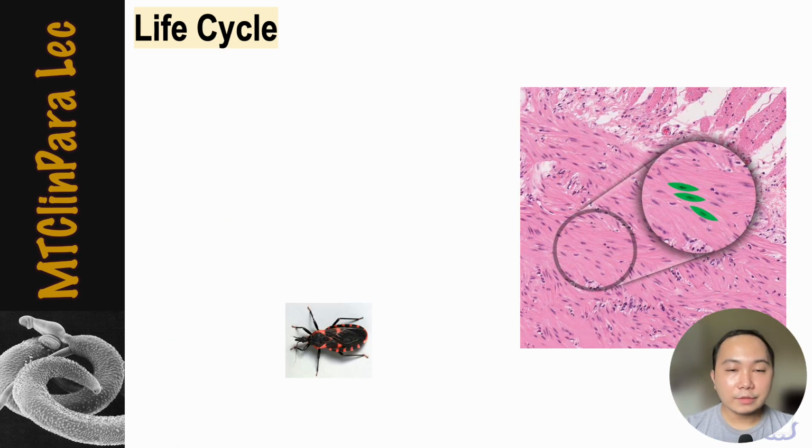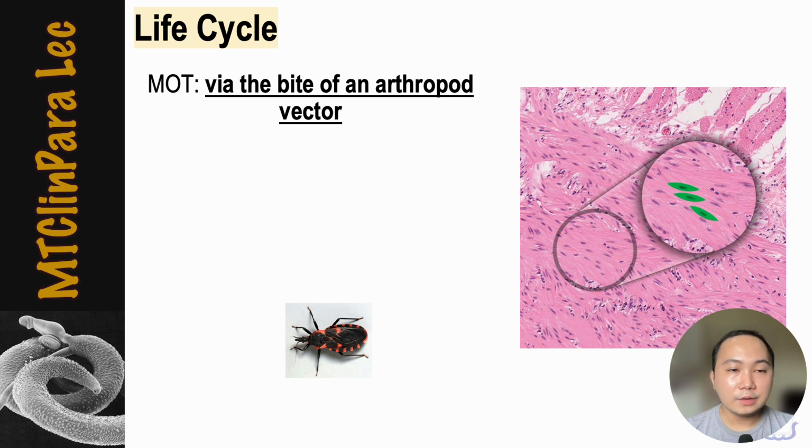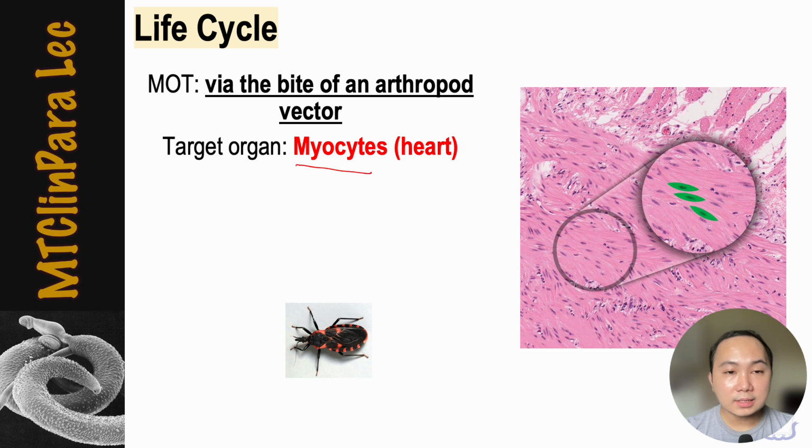So, the life cycle of Trypanosoma cruzi is acquired via the bite of an arthropod vector, very similar to Leishmania species. The target organ is the myocytes, or the tissue cells surrounding the myocardium of our heart. Reticuloendothelial cells, or the tissue cells surrounding our tissues, may also be involved in this particular life cycle.